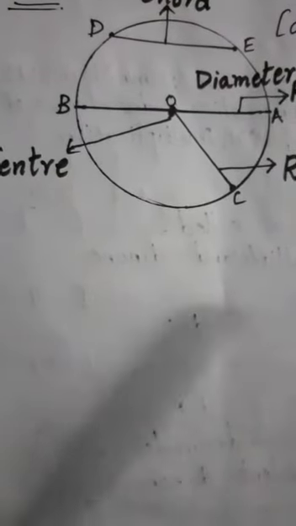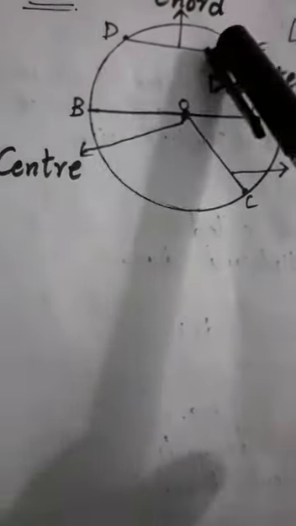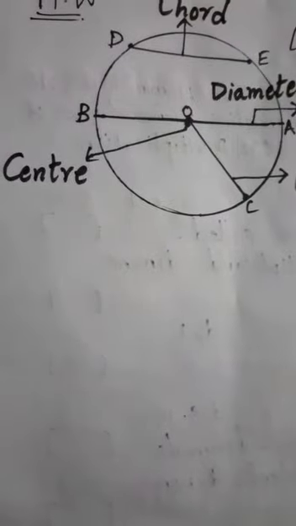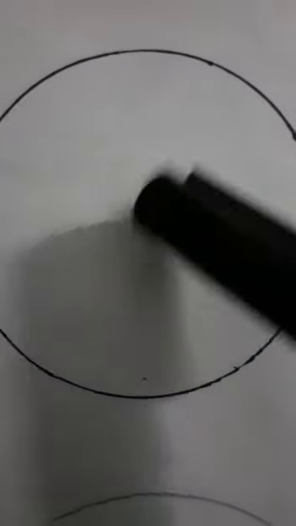Now, in this you drew the center, diameter, chord, and radius. Now we will check how many of each we can draw in one circle. What is the first part of a circle? The first part of a circle is the center. For this circle, how many centers can you draw? Yes, this is one. Can you draw another?